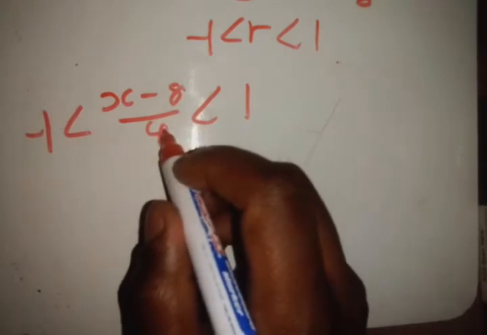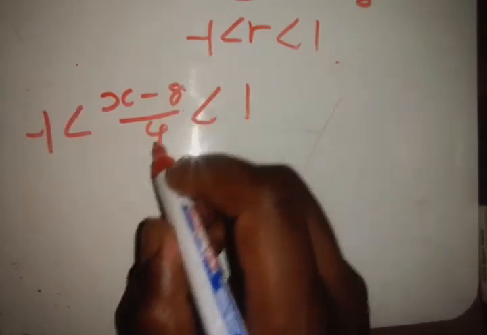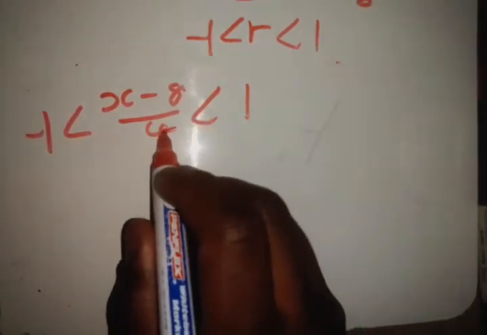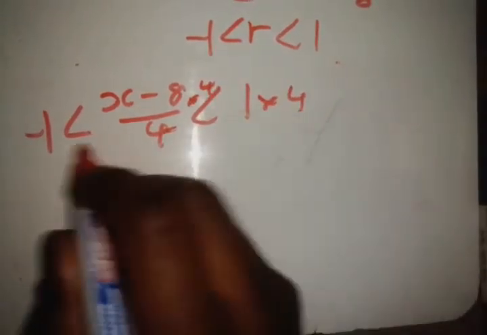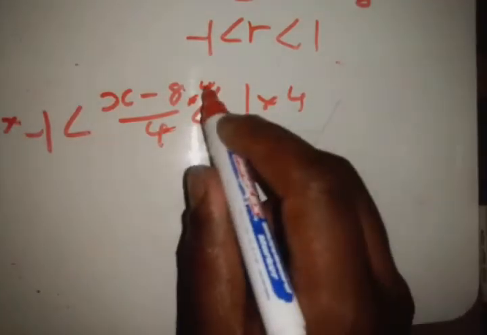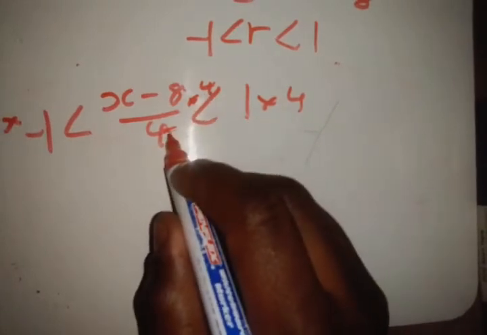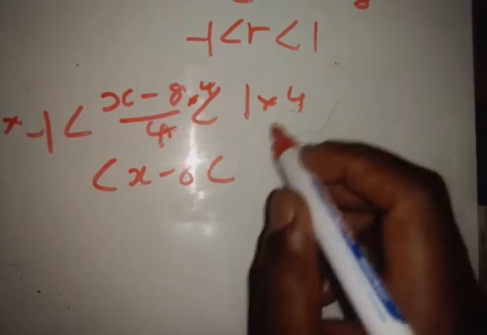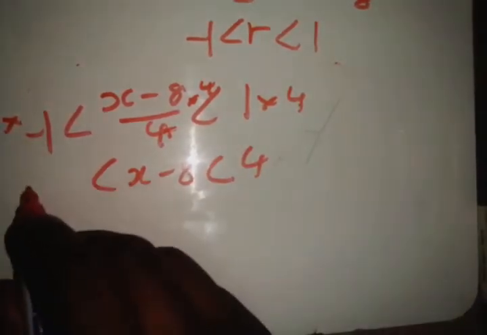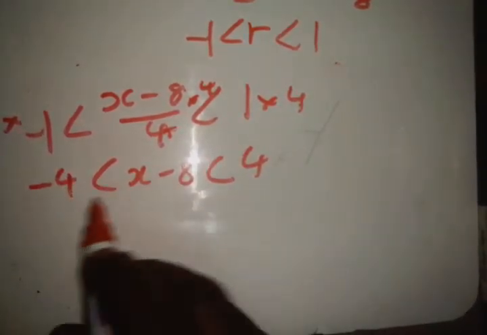So to get rid of the fraction, I'll multiply everything by the lowest common denominator, which is 4, right? So I will multiply this side by 4, multiply this side by 4, multiply the middle by 4. And then this 4 will cancel that 4. So it's going to be left with x - 8. 1 times 4 is 4. 4 times -1 is -4. So now we have this.